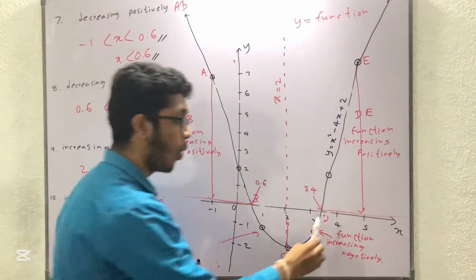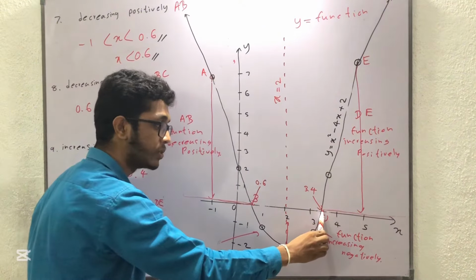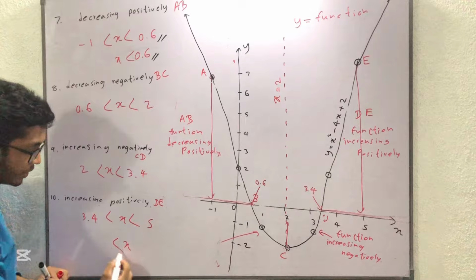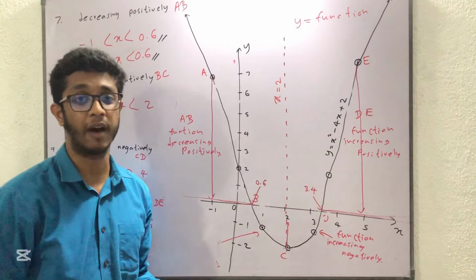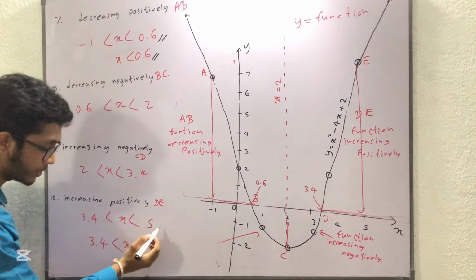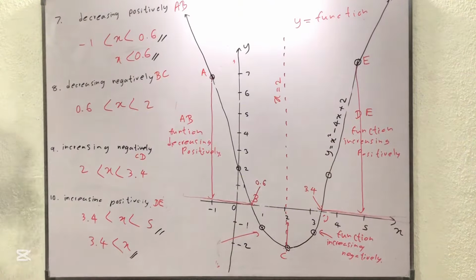That means all the x values greater than 3.4 belong to that part. So all the x values greater than 3.4 belong to the part of the graph increasing positively. So here also both answers are correct, but this is the most correct answer.